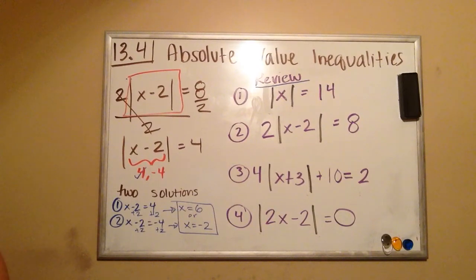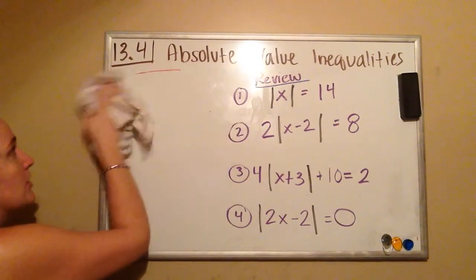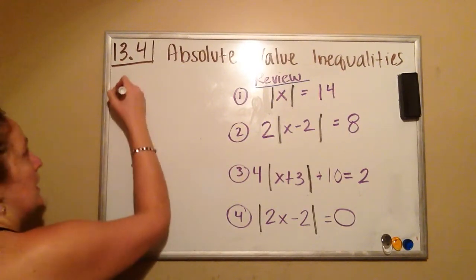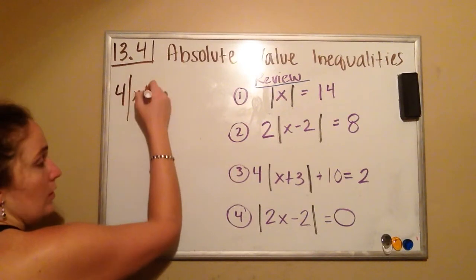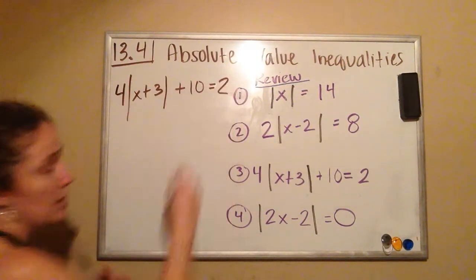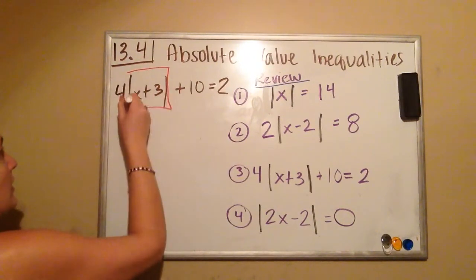Good. Number 3 is going to be pretty similar, just one extra step in there. Remember that we can't make any assumptions about how many solutions it has until that absolute value is isolated. So we need to isolate this absolute value of x plus 3.